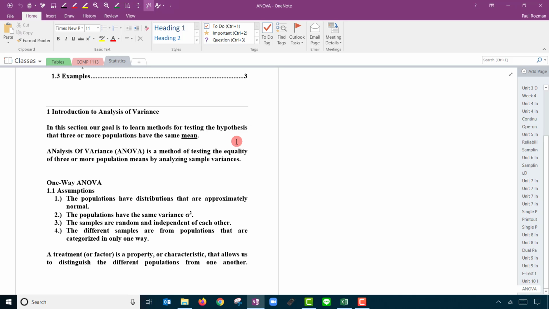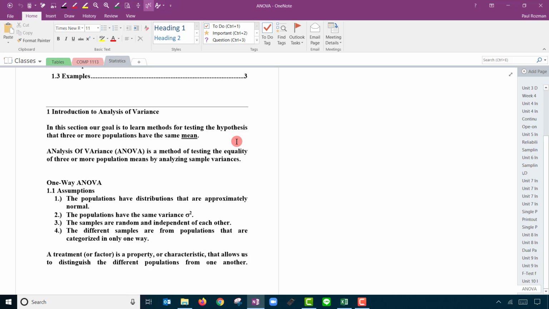The downside of that method would be that we would be doing three tests, and each test would have an error. So the more testing we do, the more our error is going to compound. Particularly if we were comparing 8 groups, if we had 8 population means to compare, each one of those tests would have a 5% chance of error.